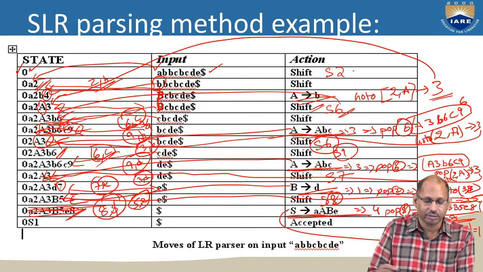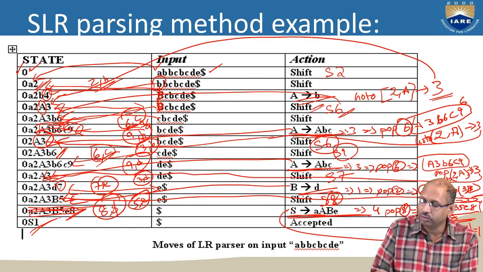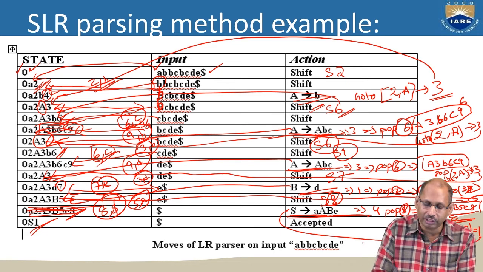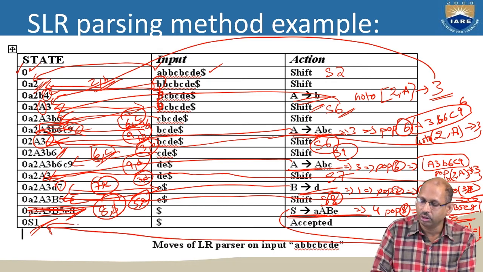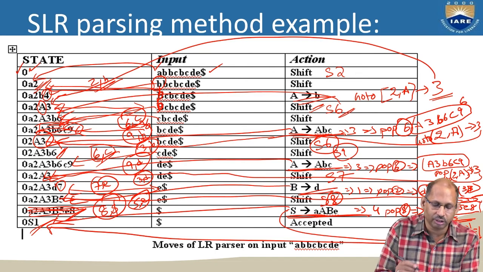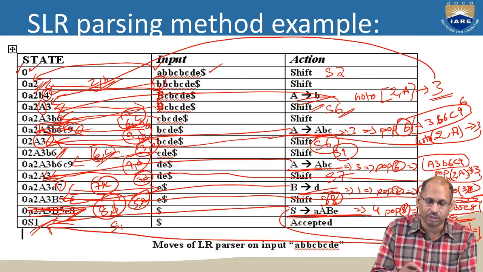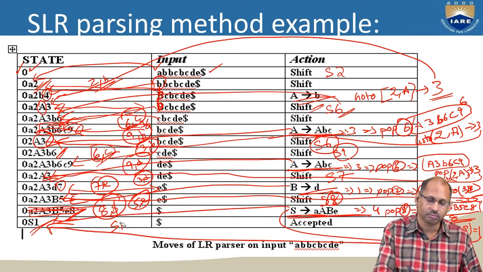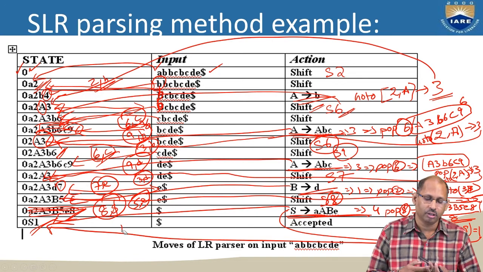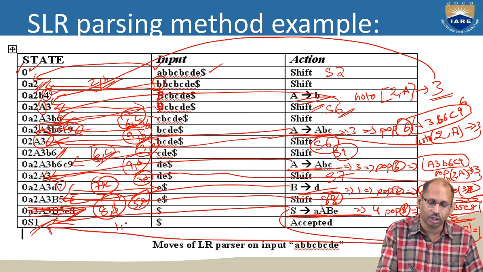Okay? Then move this 1 to here, move this S to here: S comma 1, 1 comma dollar. 1 comma dollar is resulting in X.